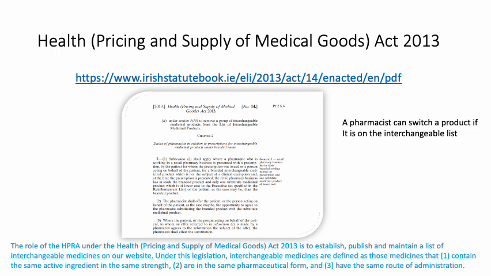Biological medicines, including biosimilars, are not included on the current list, so this means that pharmacists are not permitted to substitute one brand of biological medicine for another. Only a prescriber can exchange a brand of biological medicine.